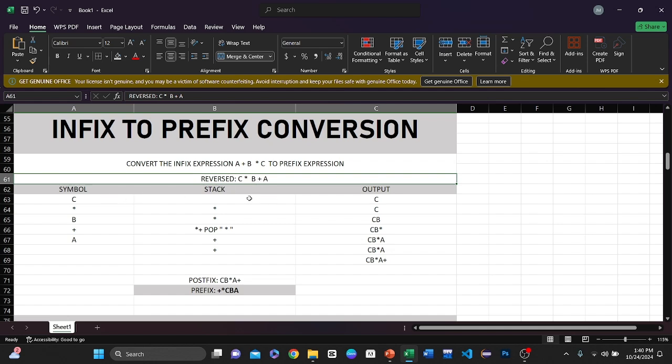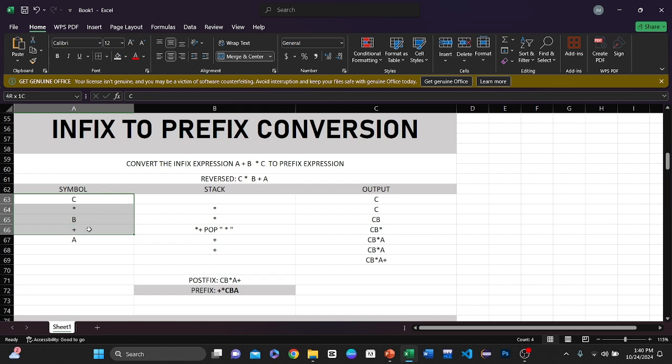We decide where to put each symbol later. Let's start with our first symbol. The first, C, is an operand, so we put C into the output.